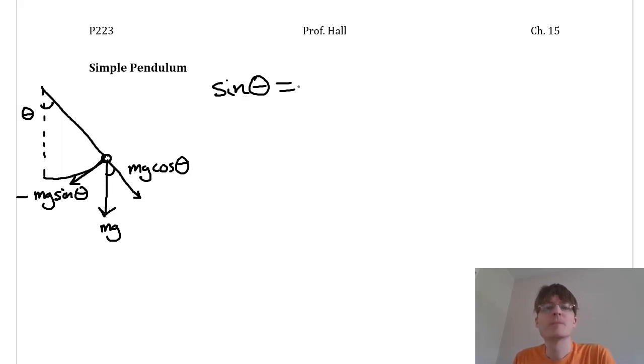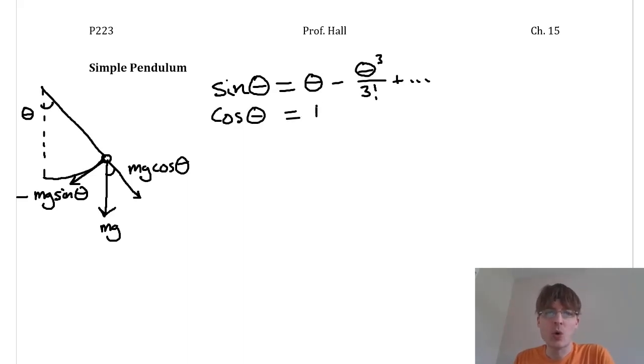Sine of theta, when theta is in radians, is equal to theta minus theta cubed over 3 factorial, and there are theta to the 5th terms, and on and on. It's an infinite power series. That's how your calculator computes the value of sine theta. Likewise, cos theta is 1 minus theta squared over 2, and so on.